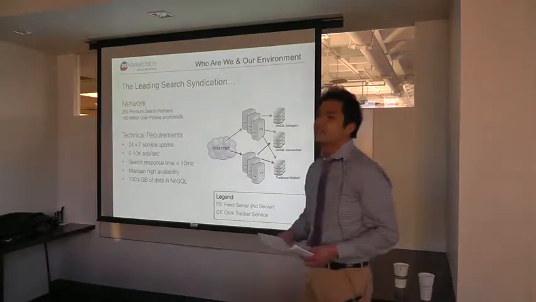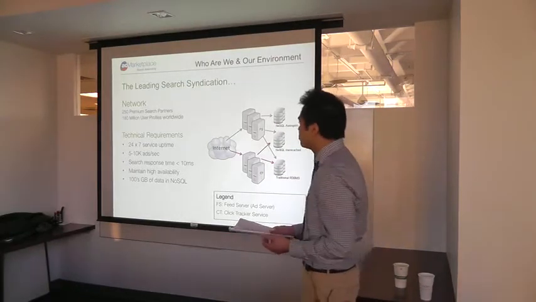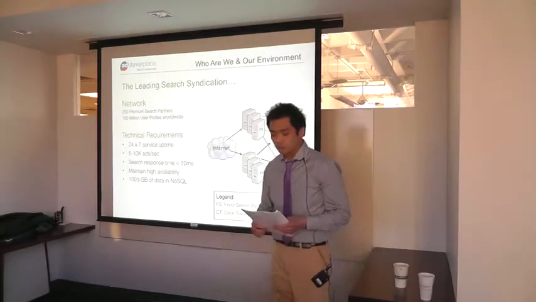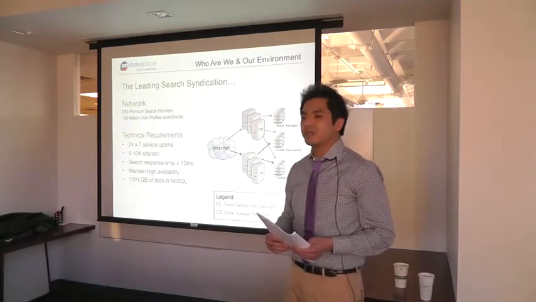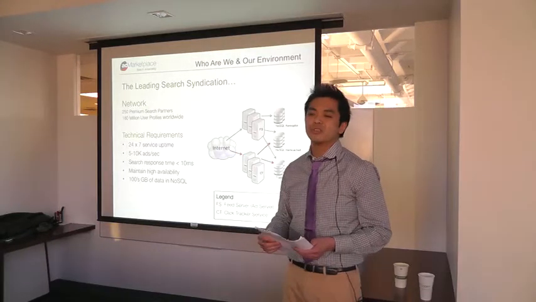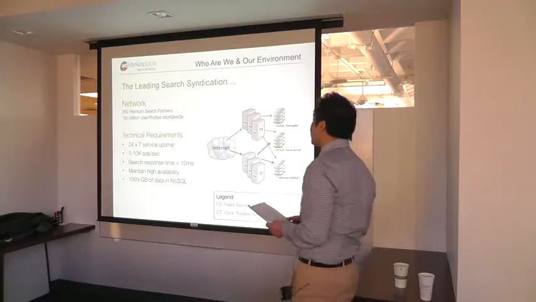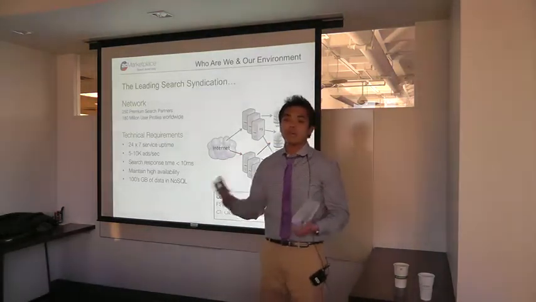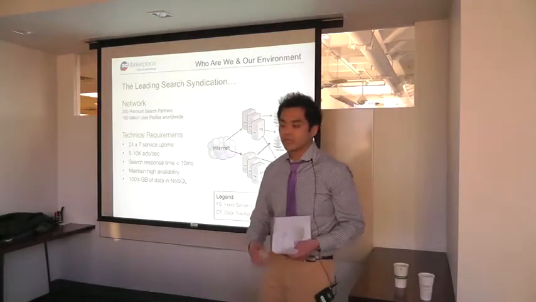We go through 10,000 requests per second. Usually our search response time is less than 10 milliseconds. Some of the NoSQL implementation we've done at the moment contains about 100 gigabytes of data, and we always have to maintain high availability. In other words, if something goes down, our recovery has to be pretty fast and quick.